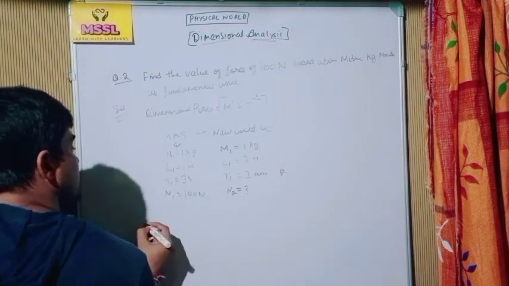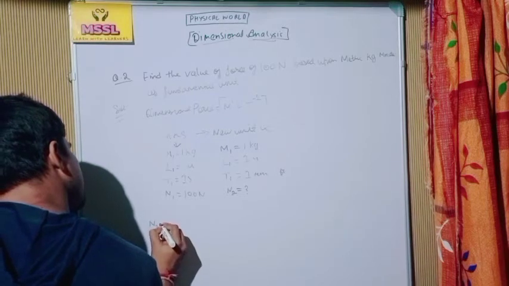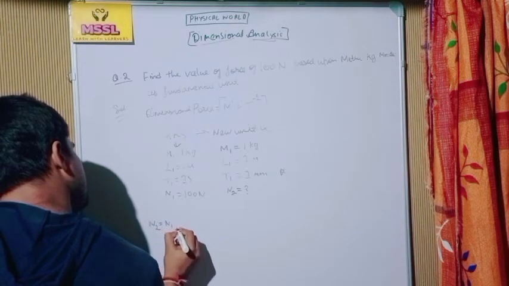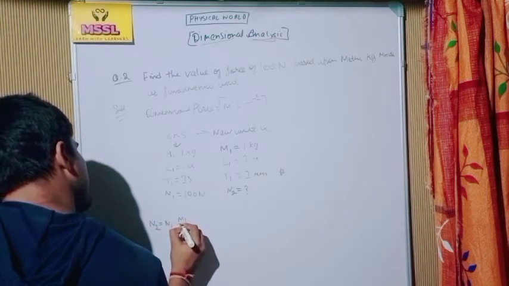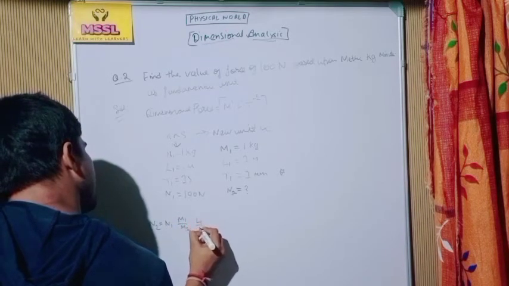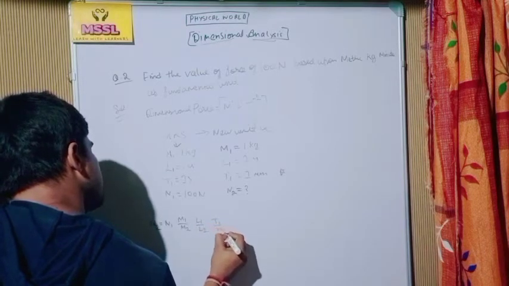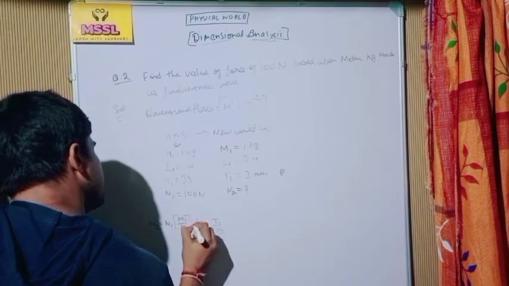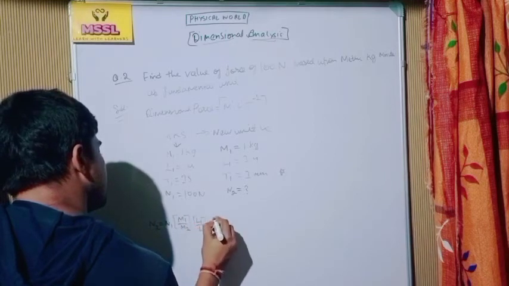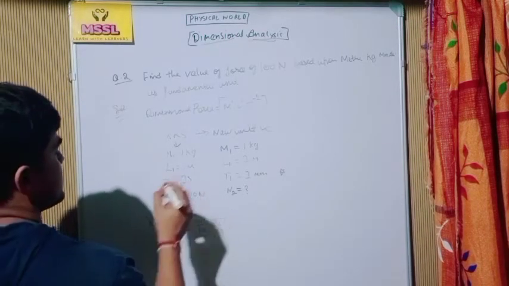The formula you know already: N2 equals N1 times (M1 by M2) to the power a, (L1 by L2) to the power b, (T1 by T2) to the power c.